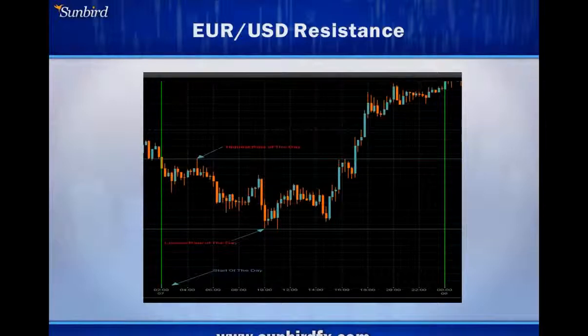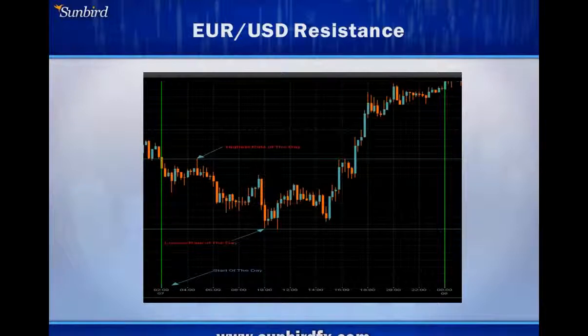Let's say I took the Euro US dollar. Now, before we even start, you need to understand something. For the moment I'm using the words highest rate and lowest rate, but I do not want to use these words again. I want to use resistance and support. Resistance is the highest rate of the day, and support is the lowest rate of the day.